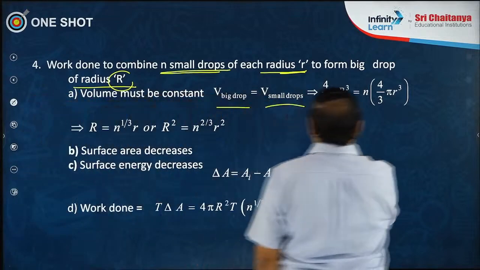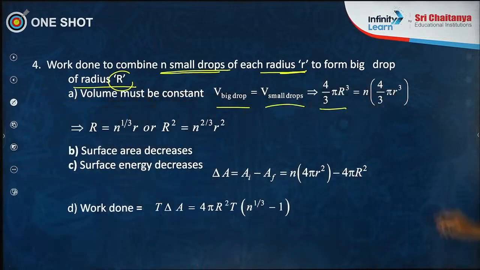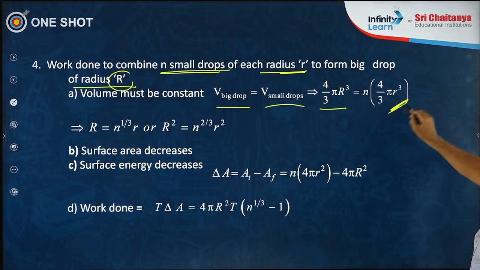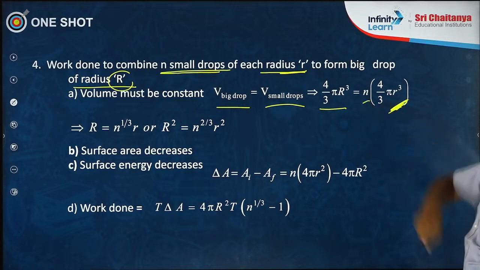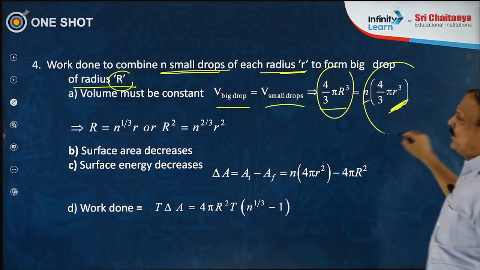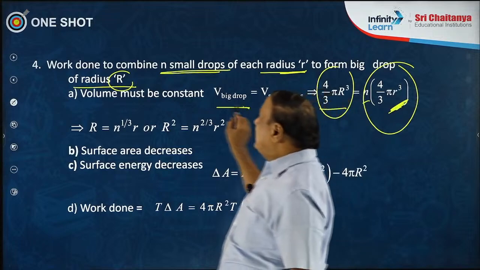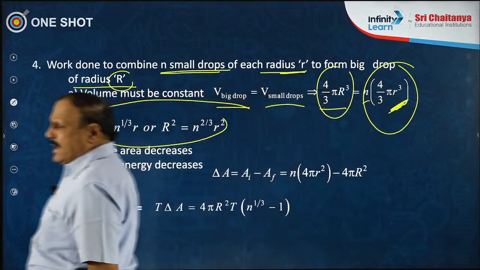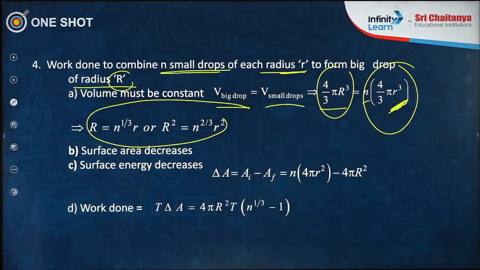Volume of the big drop is 4 by 3 pi R cube, volume of a single drop is this, and n drops are there. So by equating them we get a relation between capital R and small r first.